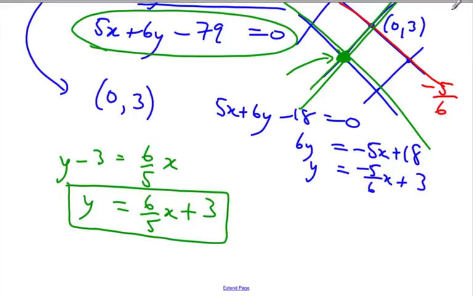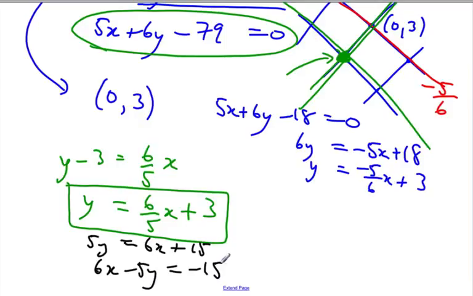This one is 5y equals 6x plus 15. So it's 6x minus 5y equals negative 15, just writing it in the format of the calculator. So we've got 6, negative 5, negative 15. Back in here.